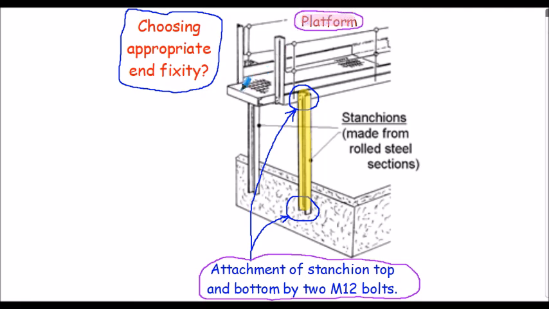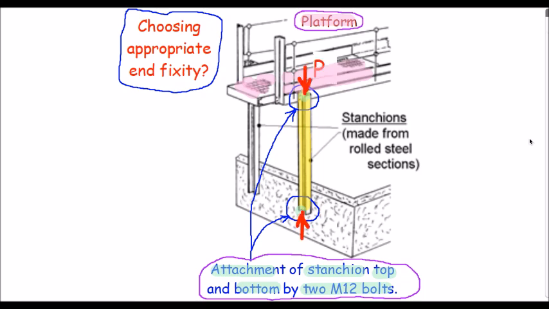From appropriate standards, we were able to work out what the loading was to be applied to the platform from service use, which we shared equally between the 2 stanchions. The context here was these were platforms that engineers would use to service valves at the top of storage tanks in a very large chemical facility. The attachment of the stanchions at the top here and the bottom here was by 2 M12 bolts.